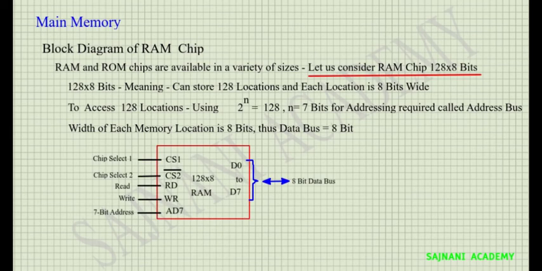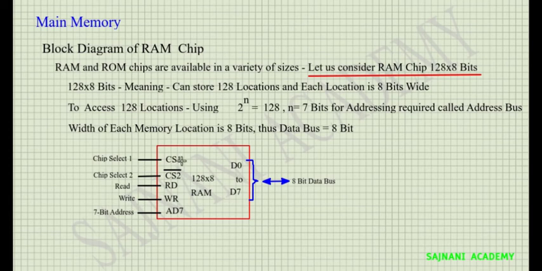Now this is the block diagram of a RAM IC where we can see various signals coming to the RAM IC and there is an 8-bit data bus. So now let us talk about each of these signals.